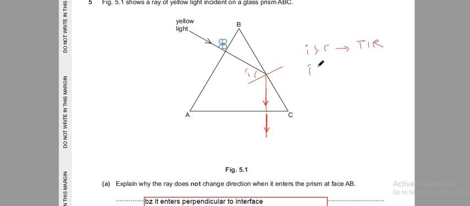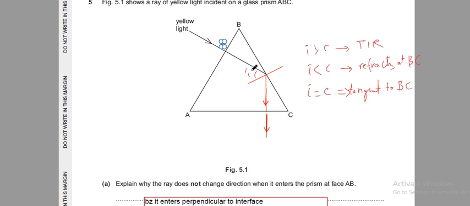If it is less than C, we will have refraction at BC, and if it is equal to C, we will have a refracted ray normal, tangent to BC.